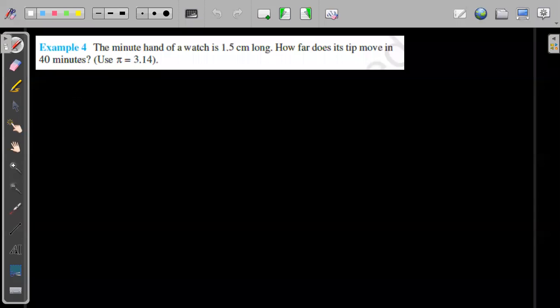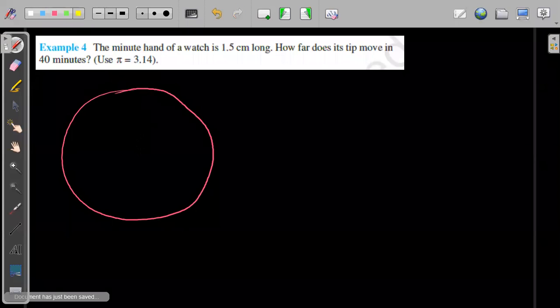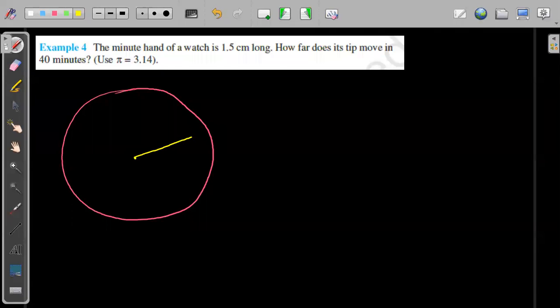So let's see. The minute hand of a watch is 1.5 centimeter long. So what the question actually is: they have given a clock, and they have given the minute hand. Suppose the minute hand is here. Then how far does the tip move in 40 minutes?